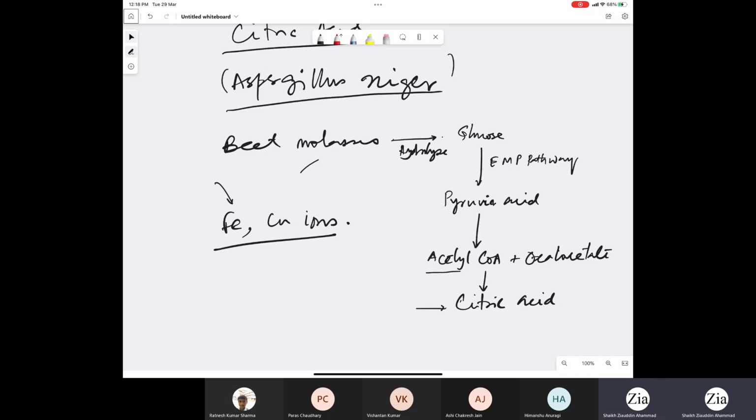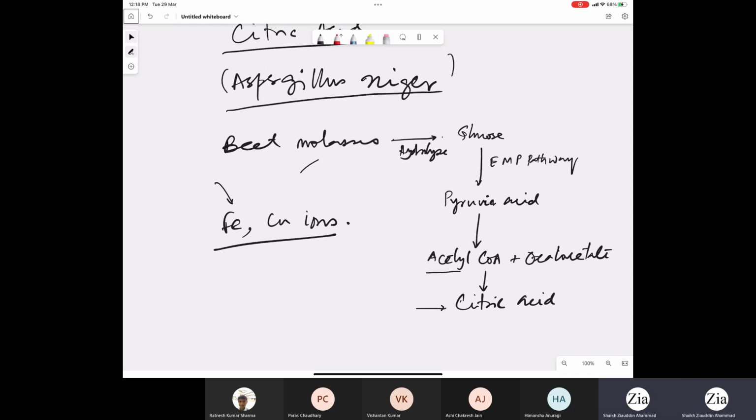Because the citric acid can further get degraded by aconitase and isocitric dehydrogenase, and their activity will get enhanced if you have a substantial amount of copper ion as well as iron, because iron in most of the enzymes is one of the essential cofactors.